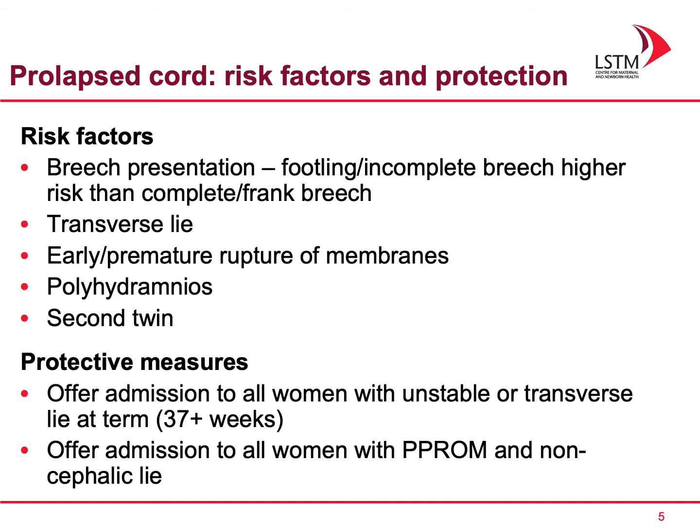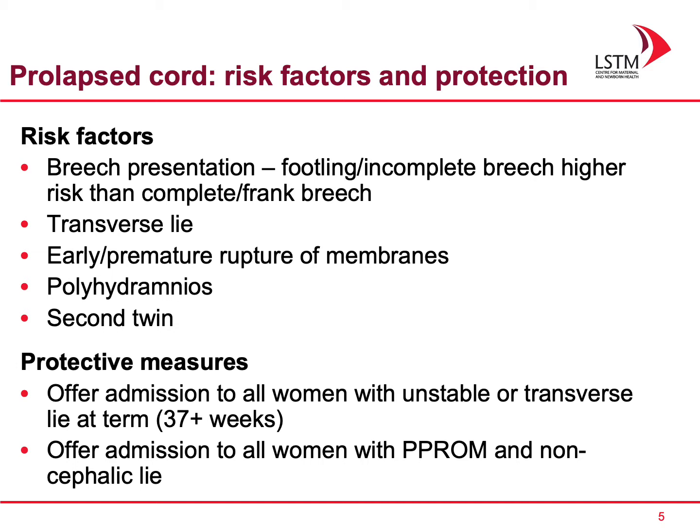A study which was done rated transverse lie to be number one in incidence of cord prolapse compared to breech. So number one was transverse lie, then followed by breech presentation, and lastly was the normal cephalic presentation. So we see a lot of cord prolapse in cephalic presentation because we have a lot of cephalic presentation anyway.